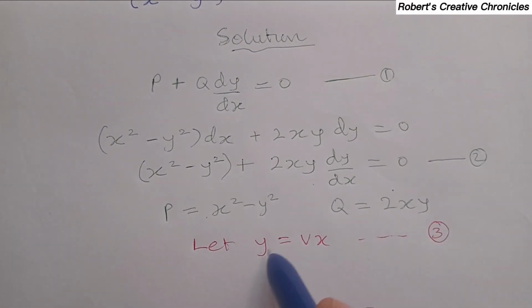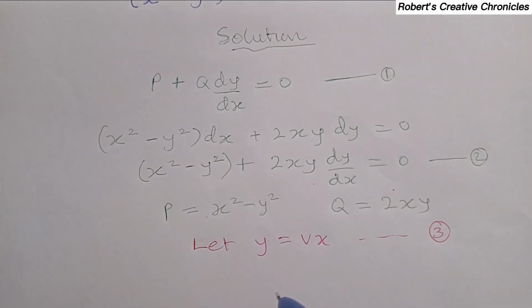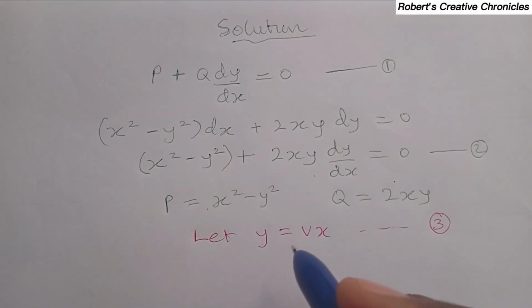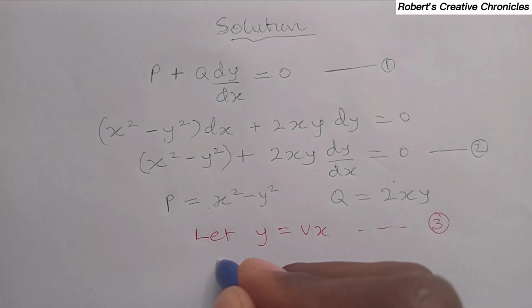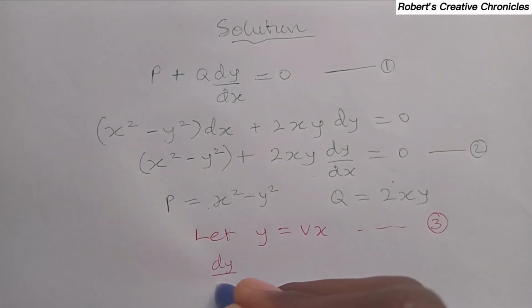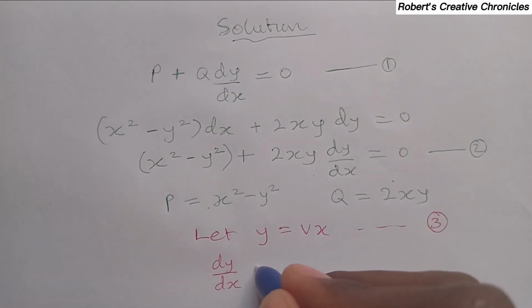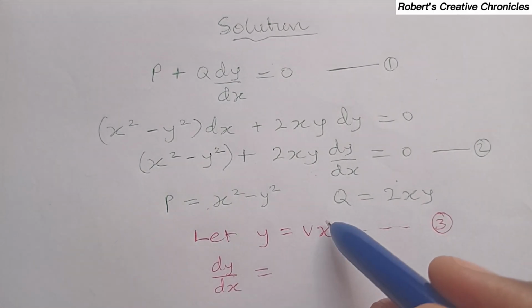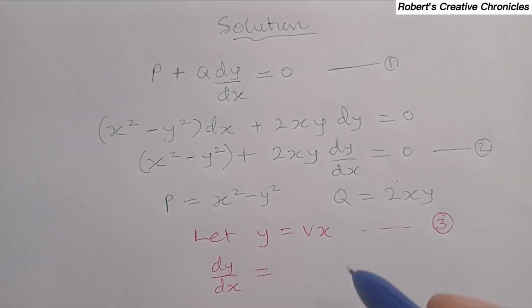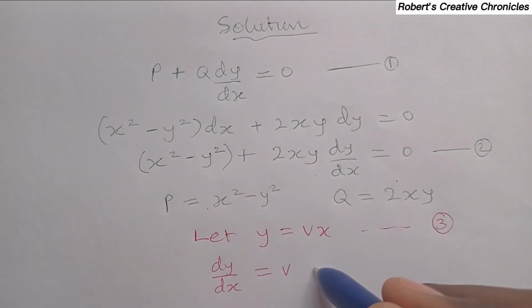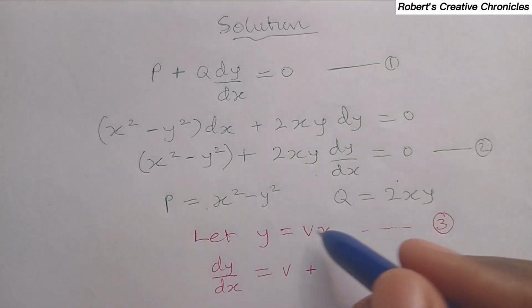Then we will differentiate this equation. It will be dy over dx is equal to, then you differentiate x. If you differentiate x first, you get v plus, because we are using the product rule here.